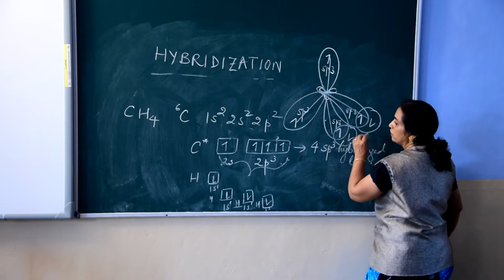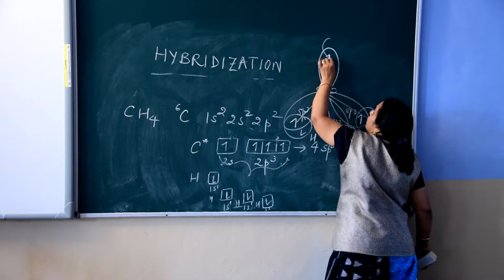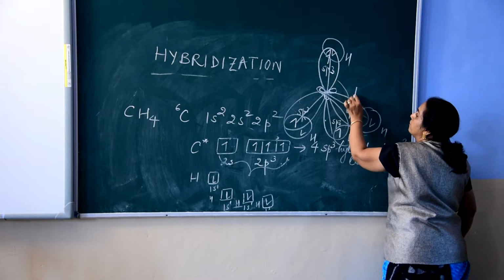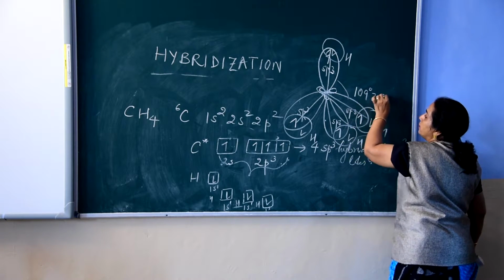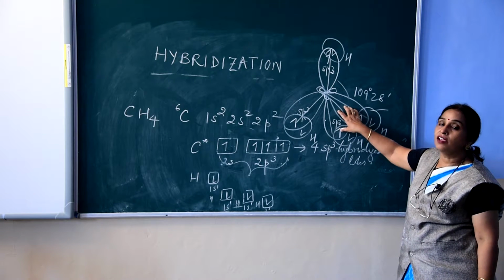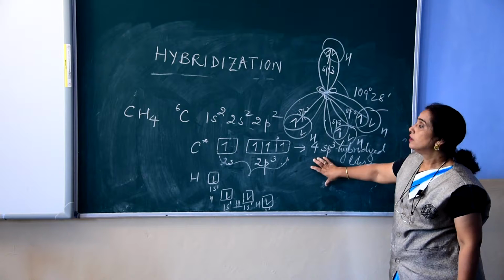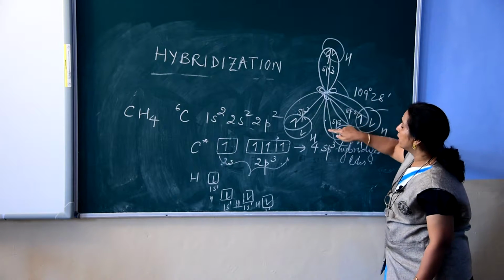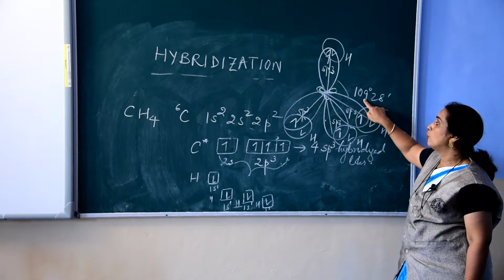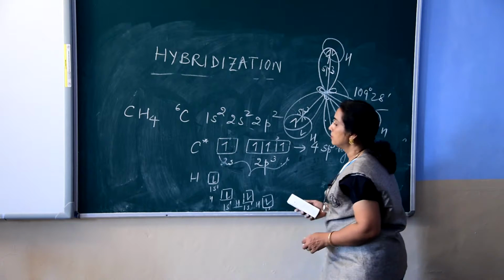So, 1s over here for hydrogen, 1s over here for hydrogen, and one more s over here for another hydrogen. The bond angle is 109 degrees 28 minutes, a tetrahedral structure forming 4 sp3 hybridized lobes. This is in case of methane, showing 4 sp3 hybridized lobes having a tetrahedral structure and a bond angle of 109 degrees 28 minutes. Let us consider some more examples.